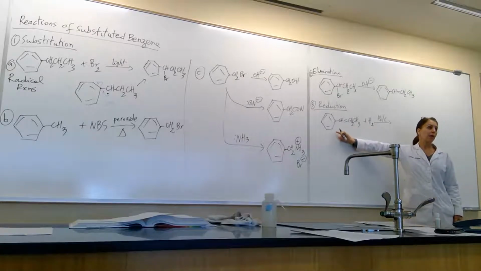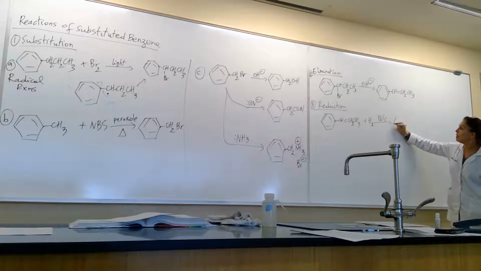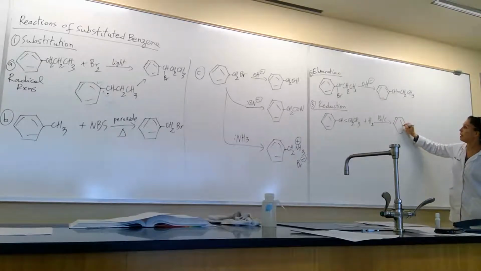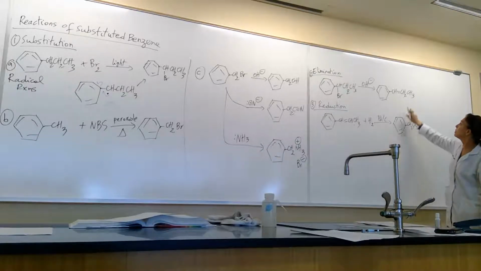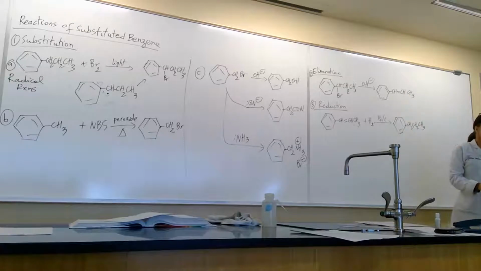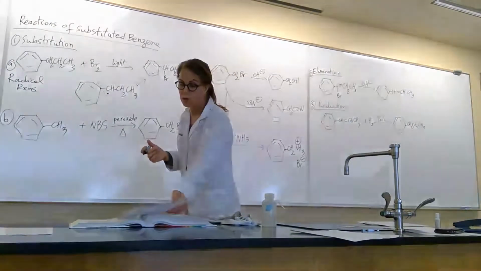This. Can we hydrogenate the ring? No. Why not? It is aromatic. If you add hydrogen, you're going to remove aromaticity. Aromaticity is the most important thing. So here, when you do this, you're going to end up with the alkane, I'm sorry. Another one. So here, an alkane, which is chapter 2.